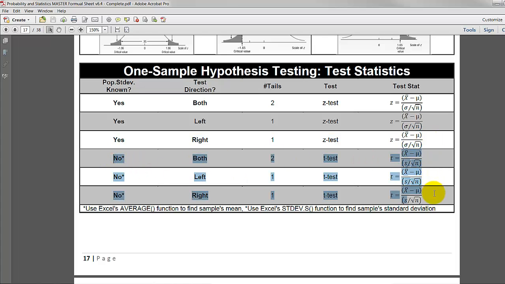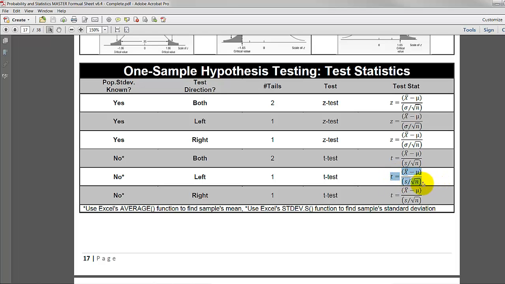We are now focused on the bottom three. Is the test direction testing both tails? No. So we have eliminated this. Is the test testing a direction of less, or the left side? Absolutely. So we're testing one tail.